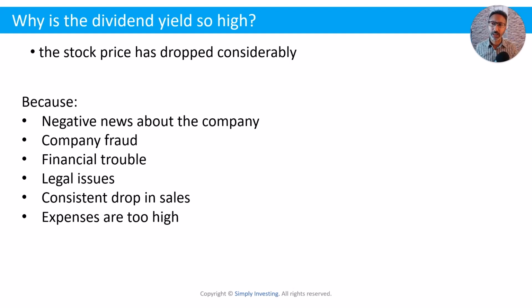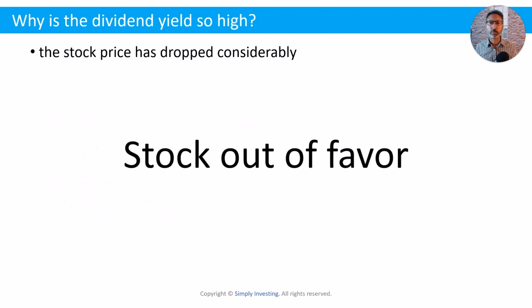Companies can run into financial trouble that they can't get out of. Legal issues. Companies could be consistently losing money. Expenses are too high. They're just not profitable anymore. So any number of these things, and then negative news about the company, and then in social media, things just get blown out of proportion. Any number of these negative reasons will put the stock out of favor.